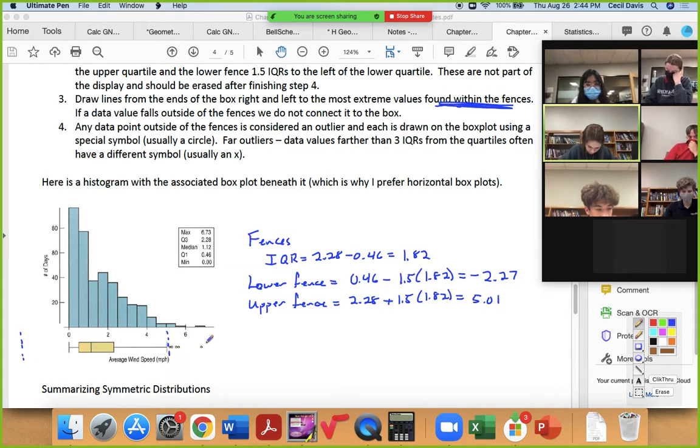So that's a rule of thumb for outliers: if it's more than 1.5 IQRs above Q3 or 1.5 IQRs below Q1, then we consider those to be outliers. Again, that's a rule of thumb. Your book talks about this some. There are several different rules of thumb for what's an outlier and what's not, but we'll use this for box plots. And then you go back in and erase the fences because the fences are not actually part of your display.